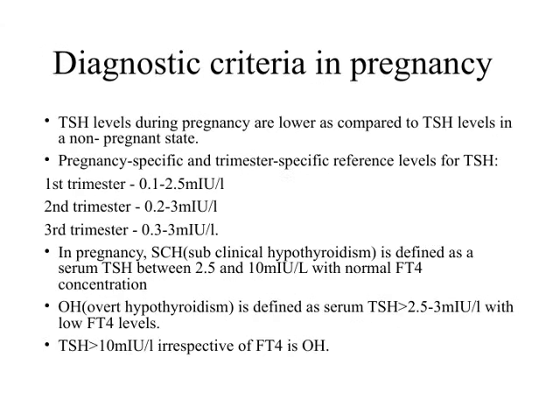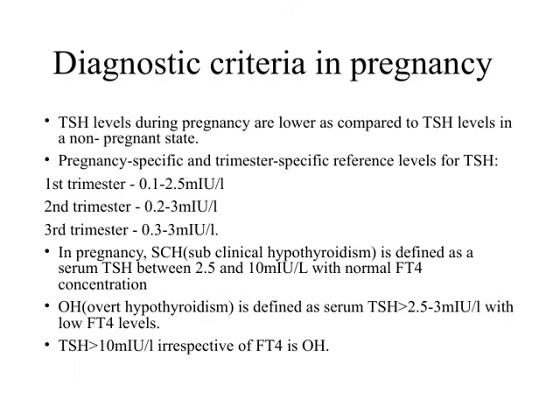Now, let's look at the diagnostic criteria for thyroid function during pregnancy. As many of you know, TSH levels tend to be lower during pregnancy compared to when a woman is not pregnant. This is due to the increased demand for thyroid hormones and the influence of human chorionic gonadotropin, or HCG. Because of these changes, we have pregnancy-specific and trimester-specific reference ranges for TSH.